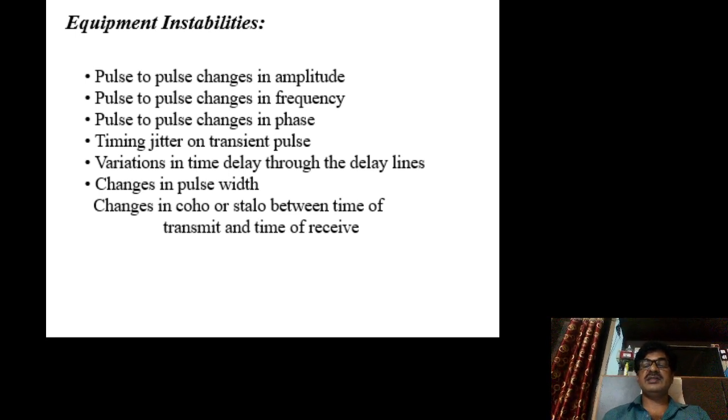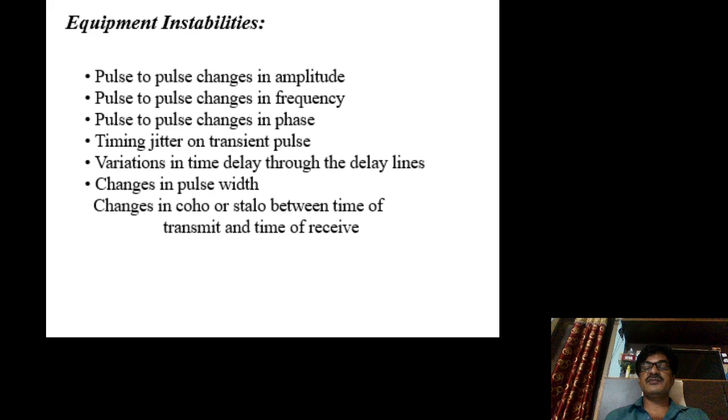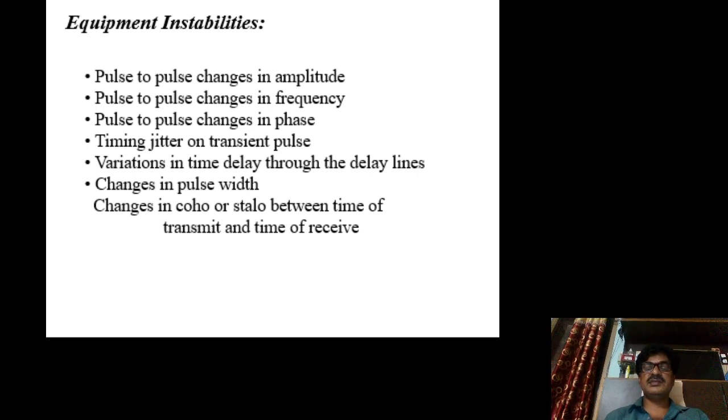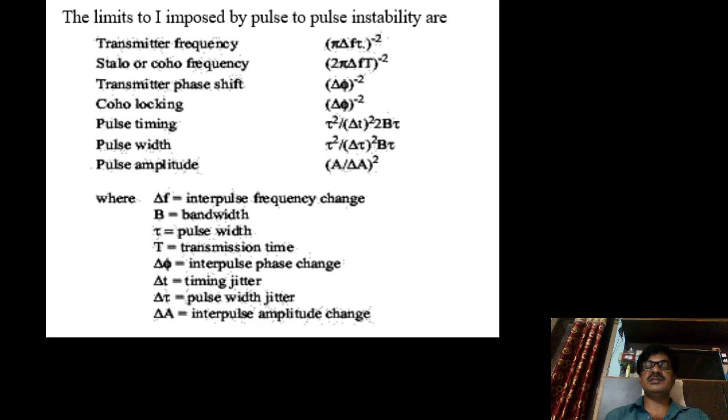There is a jitter in the timings, variations in the time delay used in the delay line cancellers, and instabilities in the Coho and Stalo. So these are the results with reference to equipment instabilities.